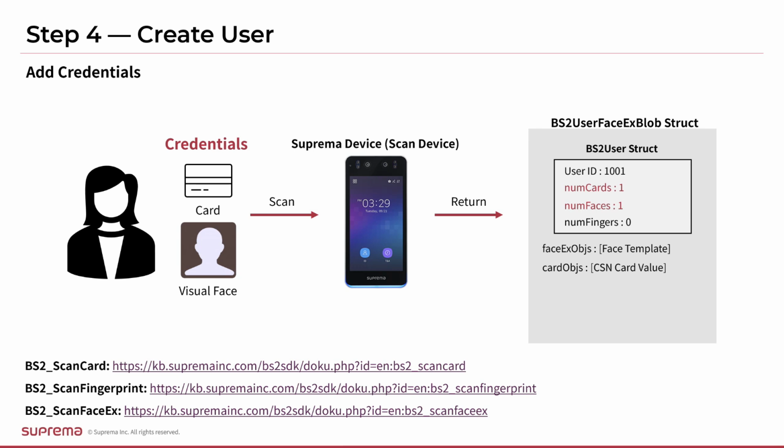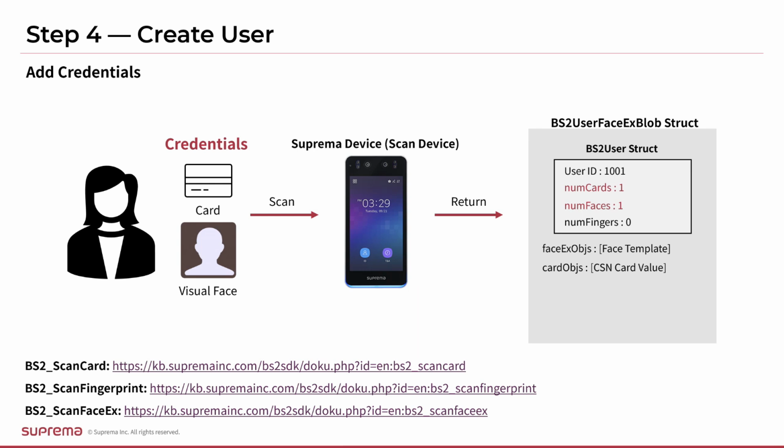On the left, you can see the credentials we want to register. These are scanned using the Suprema device shown in the middle, and the scanned data is then returned to the program. Once received, the data is stored in the BS2 user face EX blob struct on the right. You can see that num cards is now 1 and num faces is also 1, while num fingers remains 0 because we skipped fingerprint scanning.